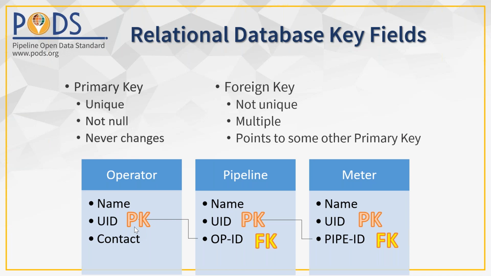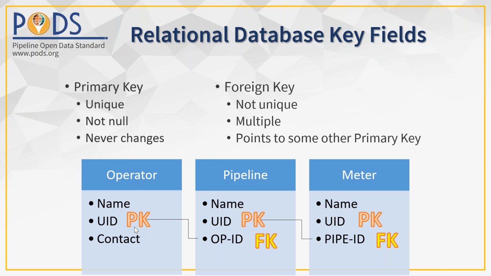So foreign keys, we won't go into so much detail right now, but foreign keys are not necessarily unique values. In fact, you may see them replicated multiple times throughout a database or a table. But typically, they also point to some other primary key table. So in this case, you can see the yellow foreign keys.